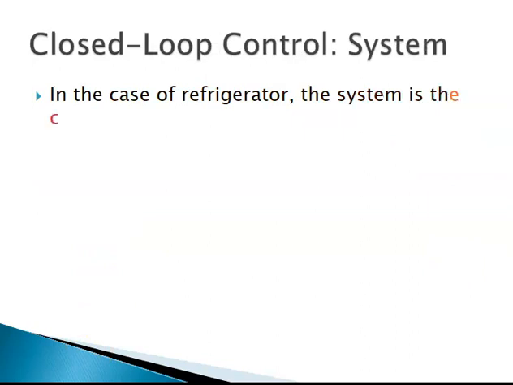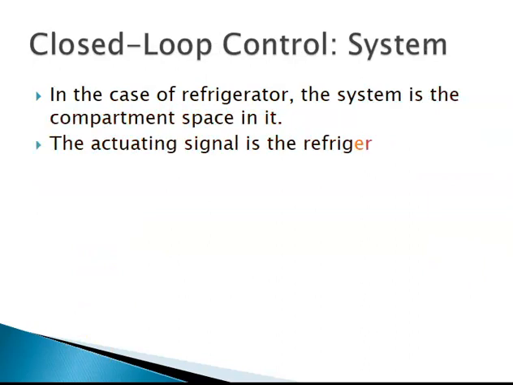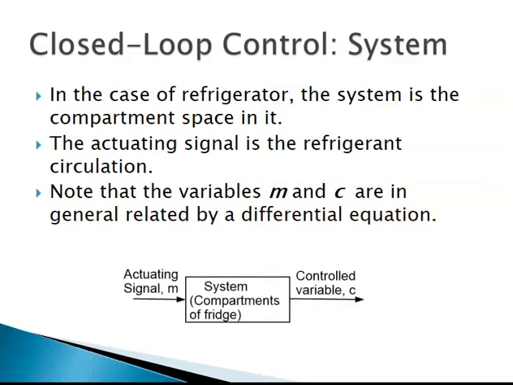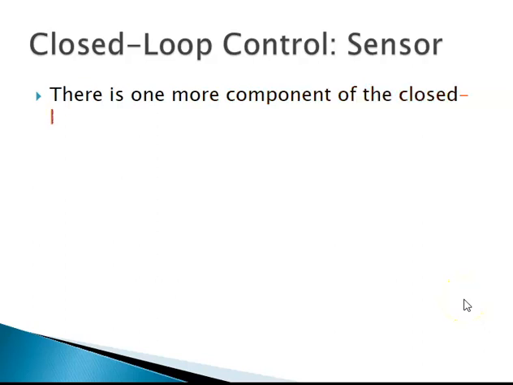The next block that we see is the system. The actuating signal is the refrigerant circulated, and the output of this system is the controlled variable. Again, we are trying to make it very general, gradually, step by step. We may talk in terms of temperatures, or speeds or other variables, but the process going on is the same.